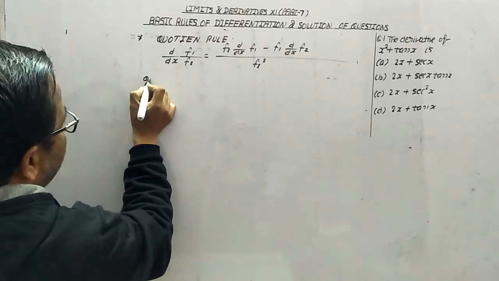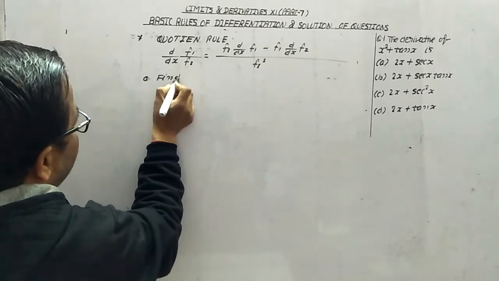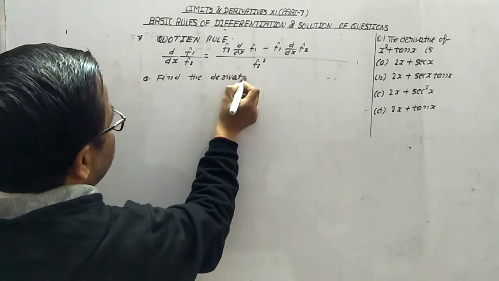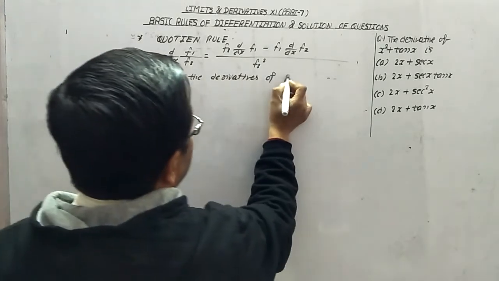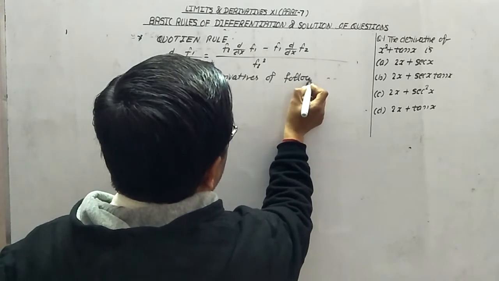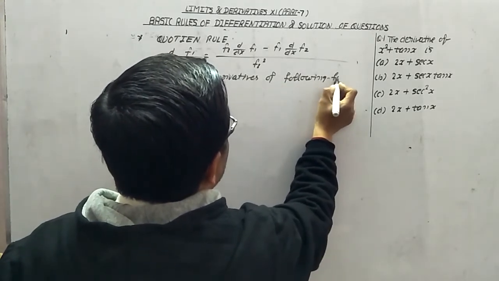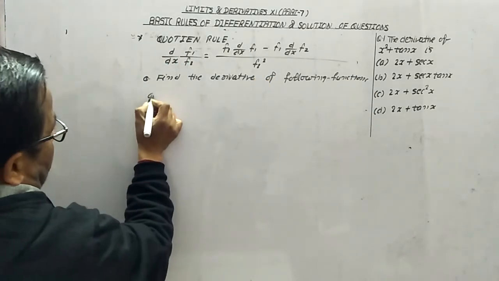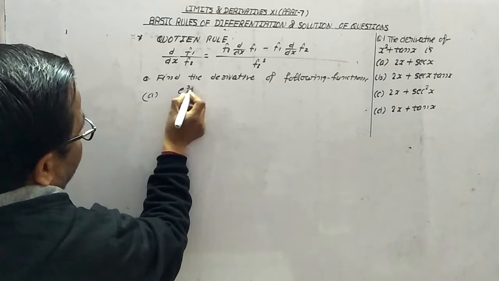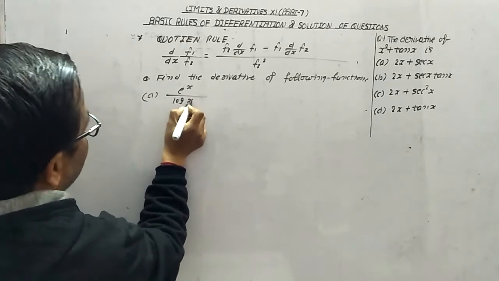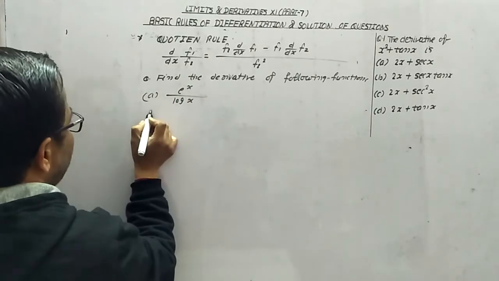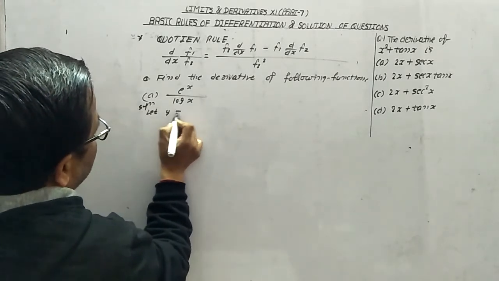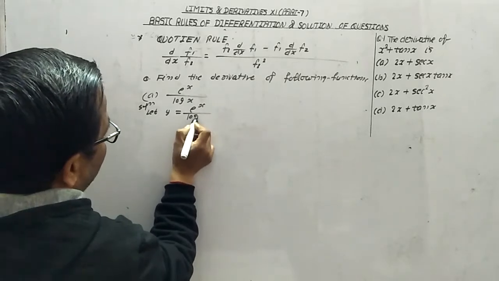How will we apply this rule to find the derivatives? If we have to find the derivatives of the following functions. A part: if we have e raised to power x upon log x and we have to find the derivative, how will we do it? In the solution, we will say let y is equal to e raised to power x upon log x.